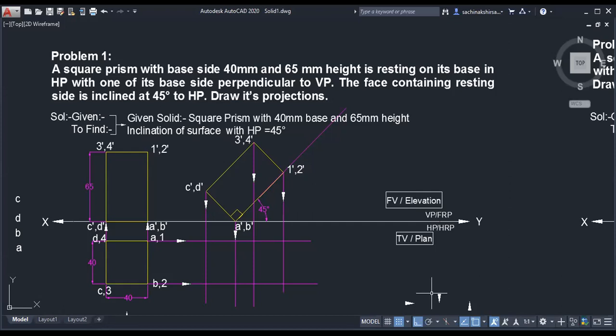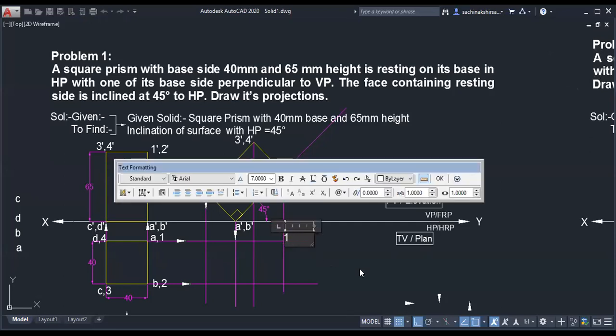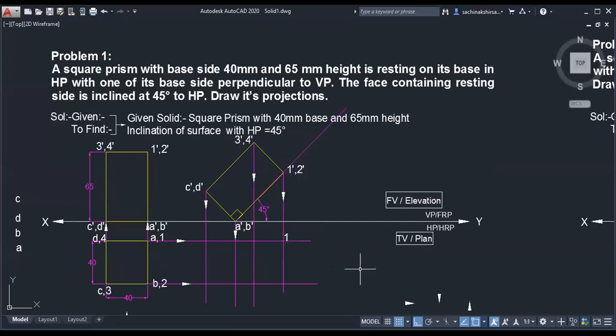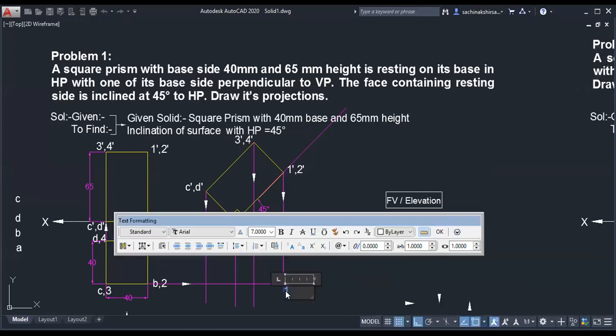Correct. So if I want to locate point 1, where will point 1 be? Which will be the combination of this? Extreme right. Point 1. Correct. Next, point 2. Very carefully you have to say where the points are. This will be my point.